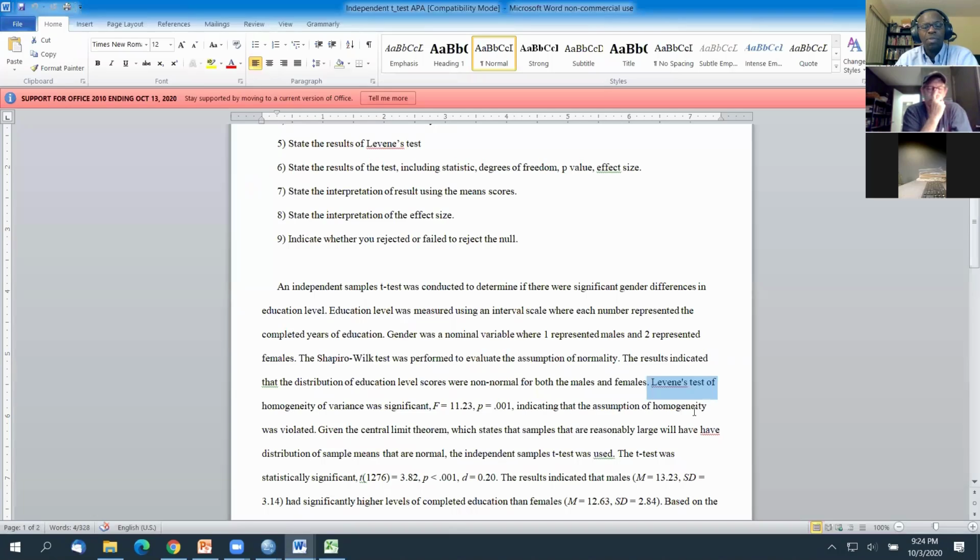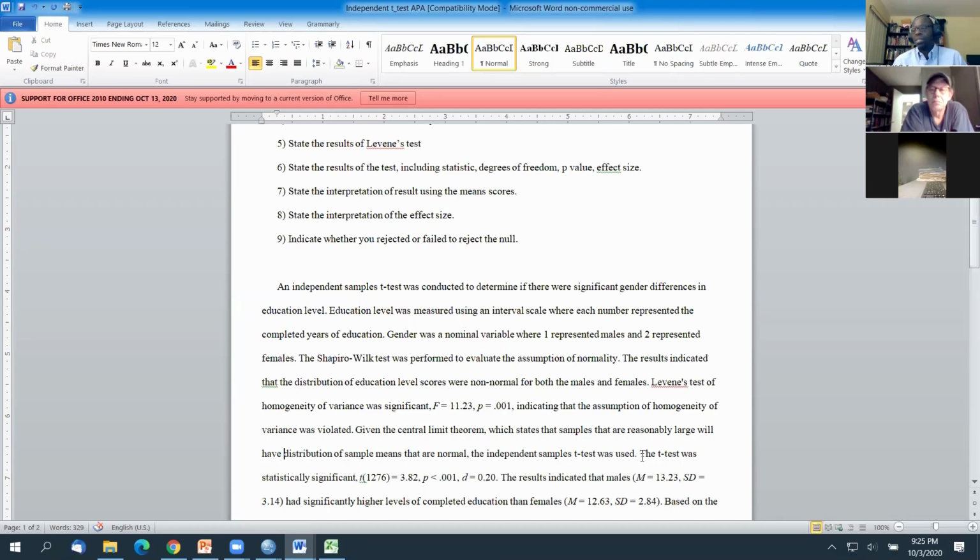Indicating that the assumption of homogeneity of variance was violated. Given the central limit theorem, which states that samples that are reasonably large will have distributions of sample means that are normal, the independent samples t-test was performed.